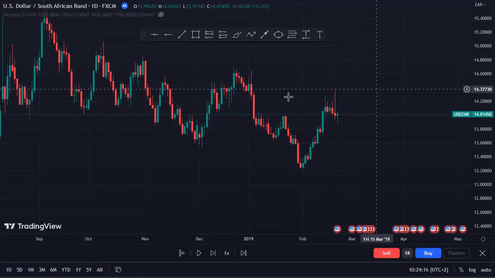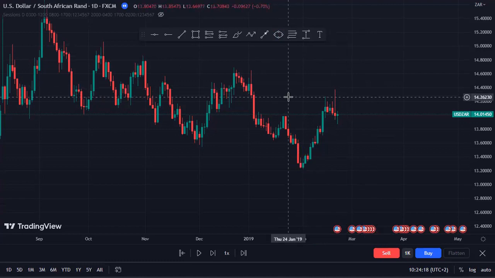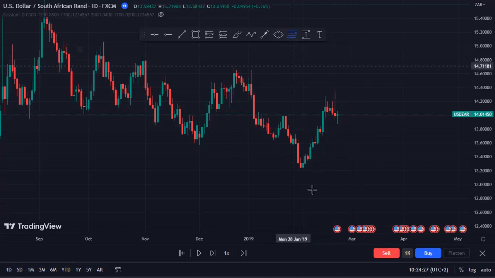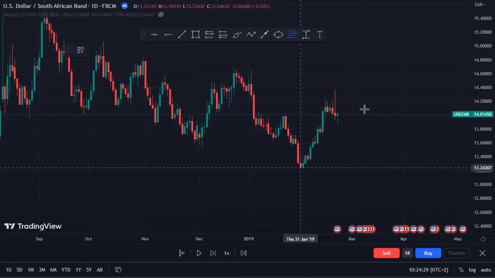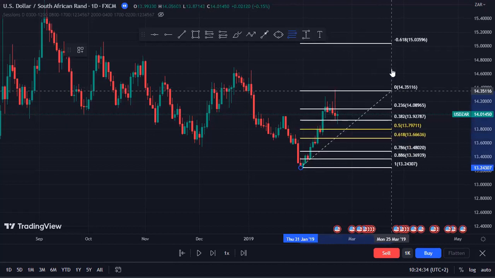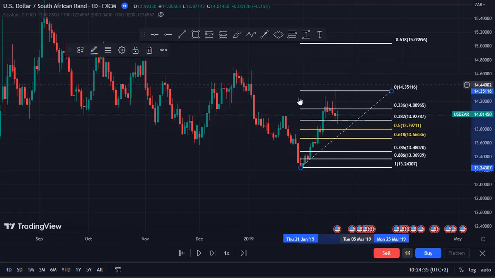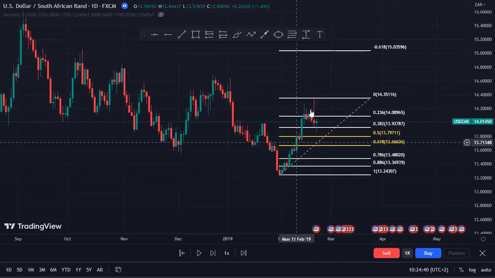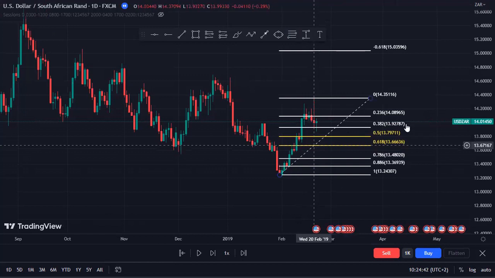So from there, we're gonna move on to step two, which states that we should draw the Fib from low to high when in buys and high to low when in sells. So right here, I'm just gonna start it from my low to my high. Then that's it for step two. We've identified our low and high, and we've drawn out our Fib.